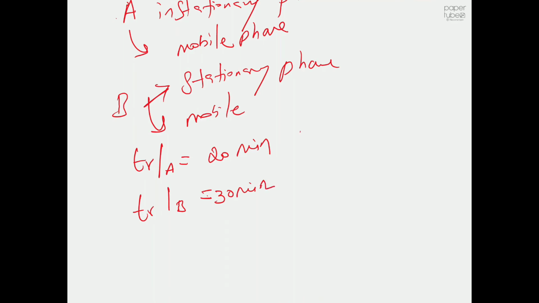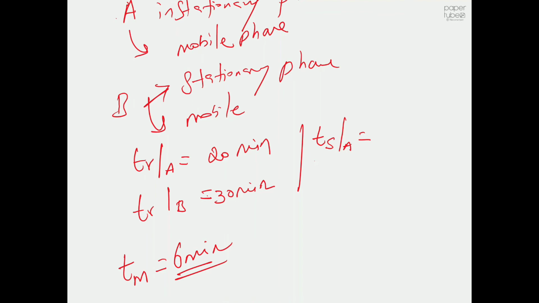The time spent by both A and B in the mobile phase should be equal to 6 minutes.